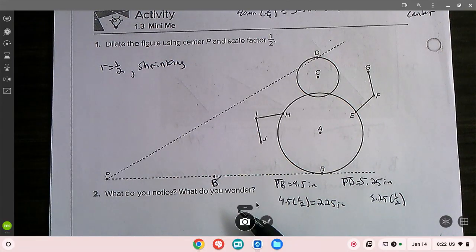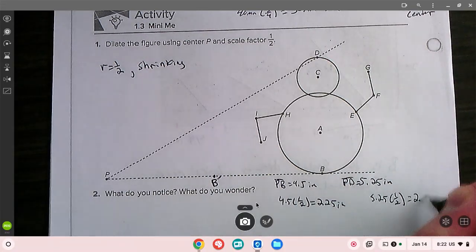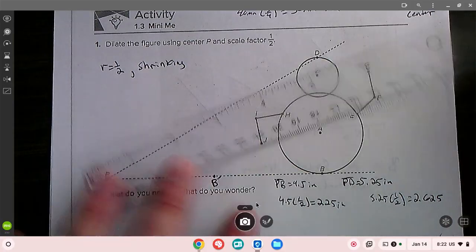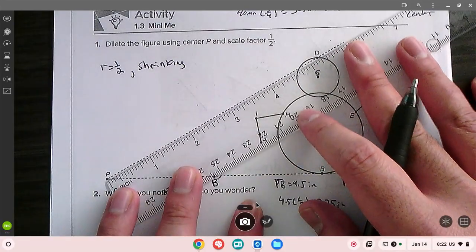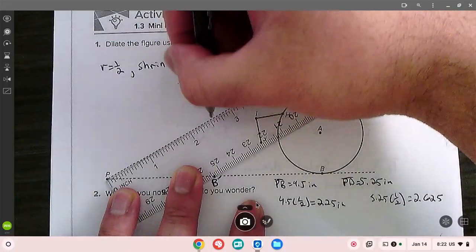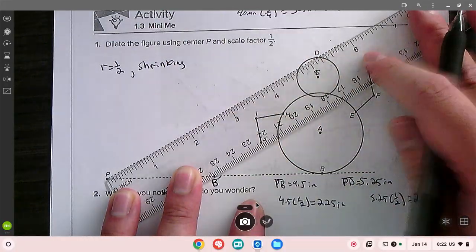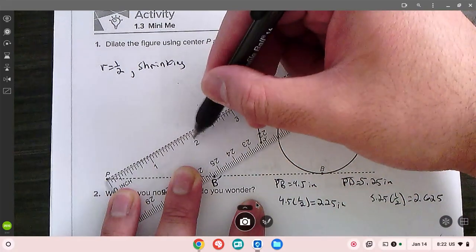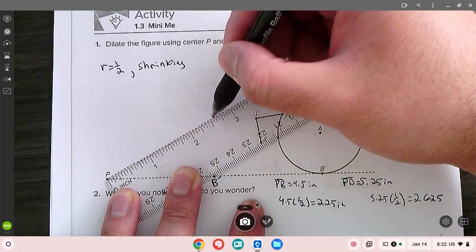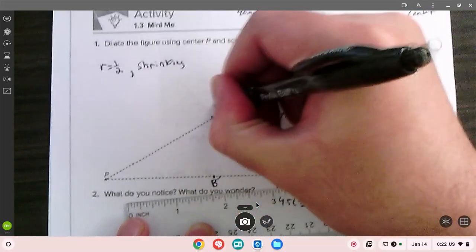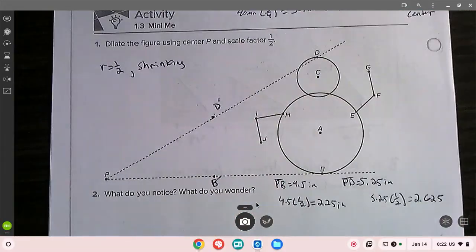You're right, this is multiplication. So it would indeed be 2.625. Okay, so 2.625 is close to 2.5. I'm going to go a little bit longer than 2.5. I'm going to just put it right about there, and I'm going to label that D prime.